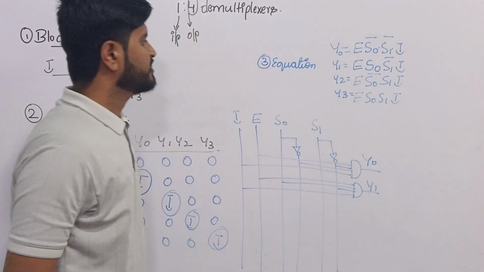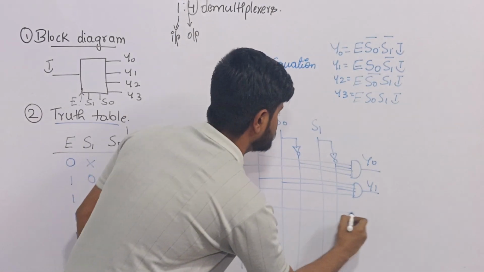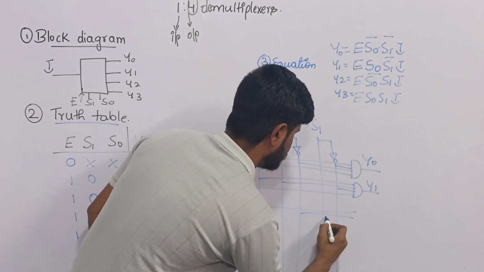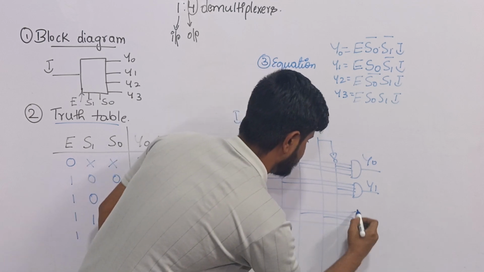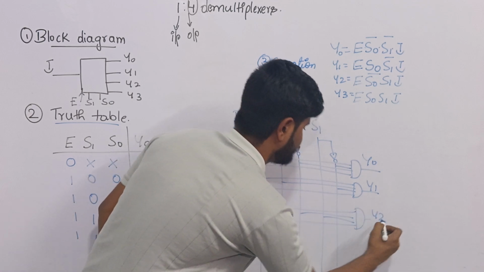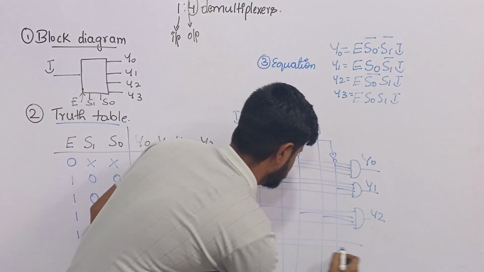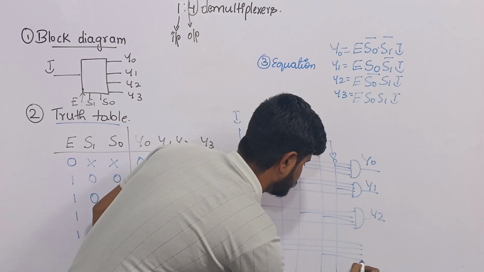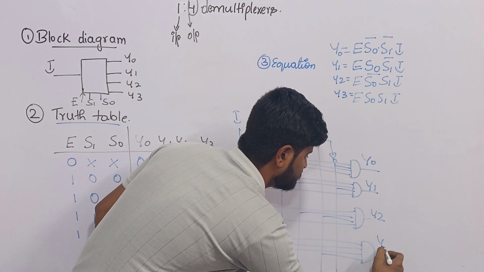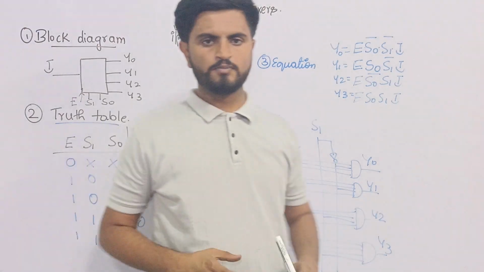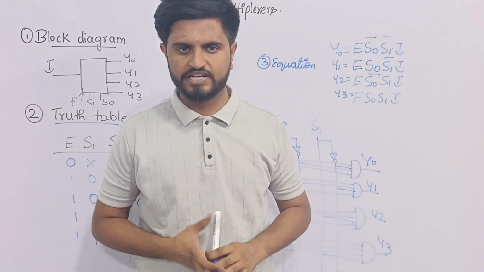This is y1. Next, enable, S0 bar, S1 and I. This is y2. Last one, enable, I, S0 and S1 using the AND gate. This is for y3. So this completes the 1:4 demultiplexer.